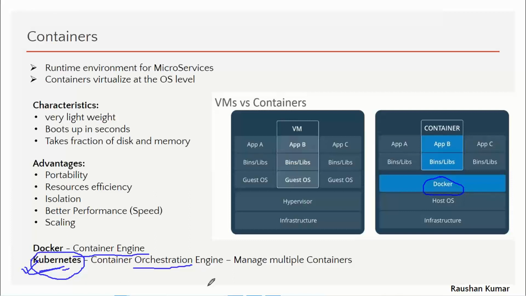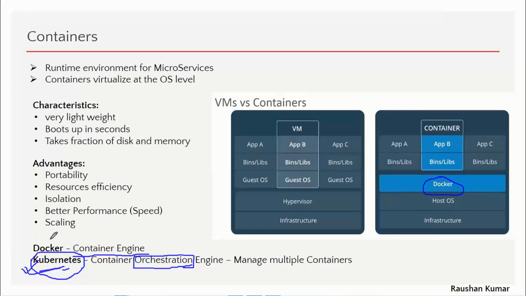Communication between one container and another, or any auto scaling, is required to maintain all these. When I say orchestration, communication between the containers is possible without using Kubernetes also.